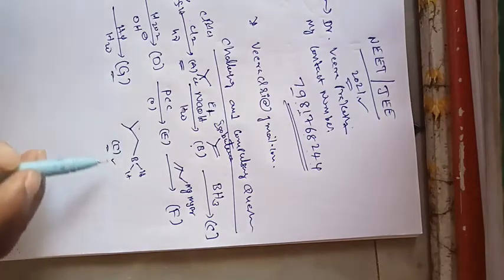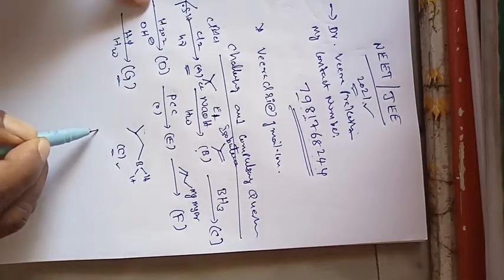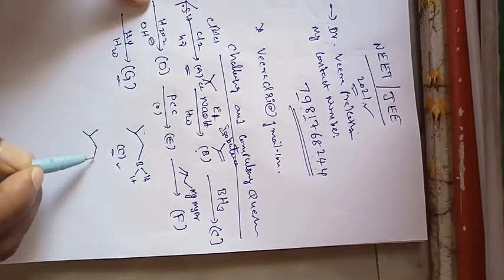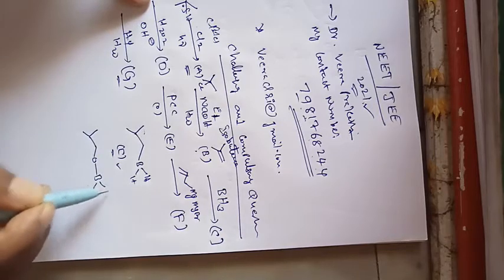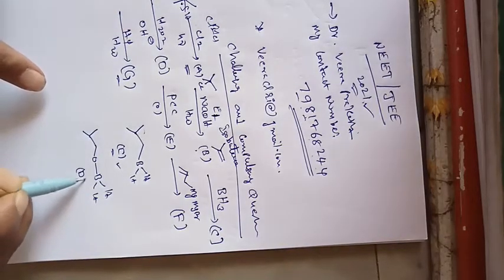And what is the oxidation using hydrogen peroxide? We know that there is insertion of oxygen, so this is the D product.